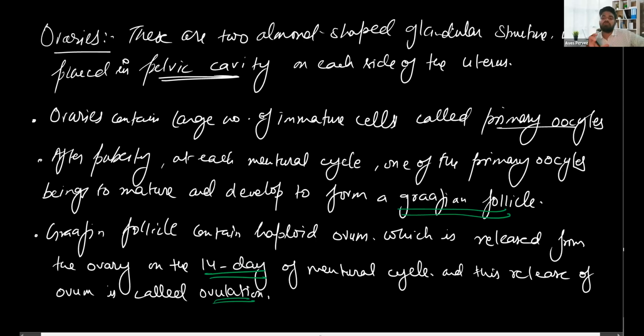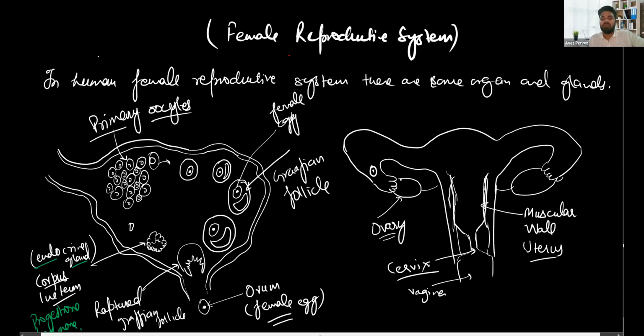It secretes progesterone hormone, it secretes estrogen. Which are placed in the pelvic cavity. Pelvic cavity is the cavity present inside the body, near the abdomen. And each side of the uterus. These ovaries are present on each side of the uterus. So the uterus is this one. This is the uterus, and here these ovaries are present.